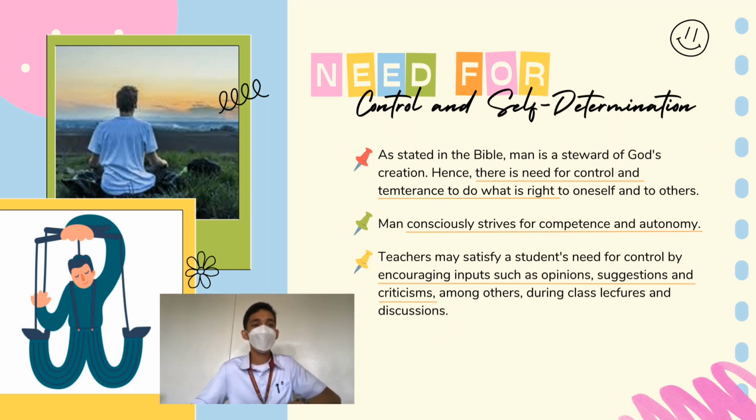Teachers may satisfy a student's need for control by encouraging input such as opinions, suggestions, and criticisms, among others, during class lectures and discussions. Positive relationships with teachers can also help a student develop socially.